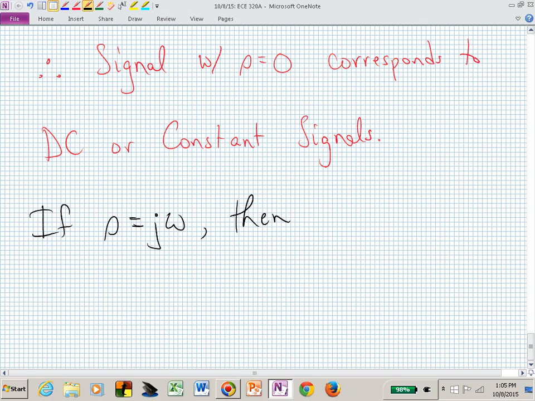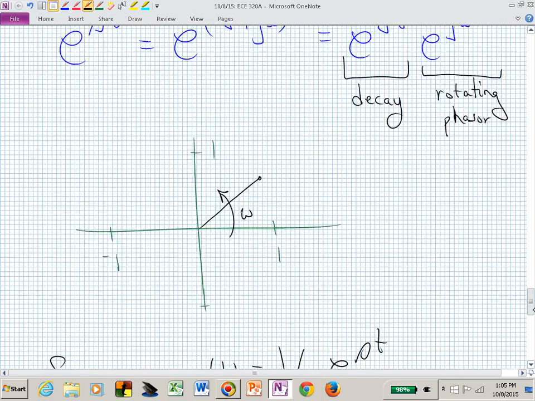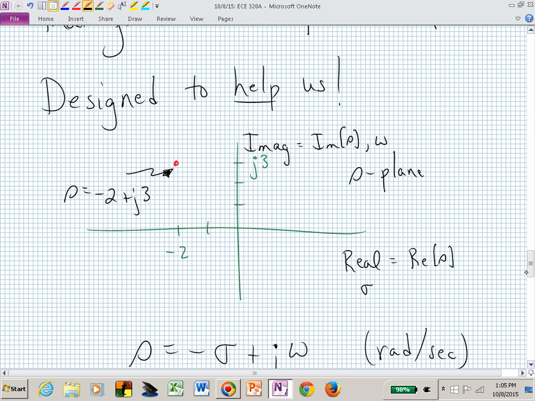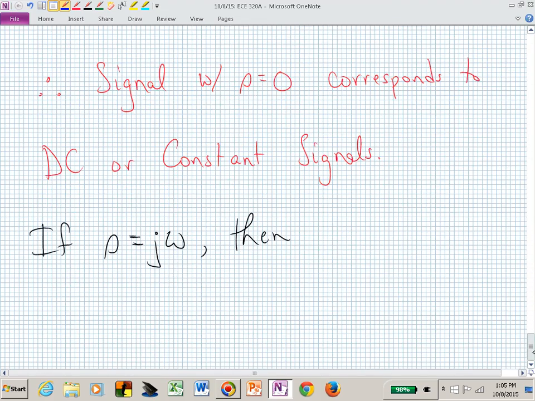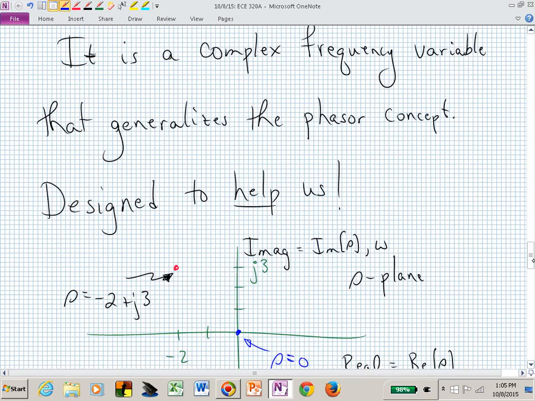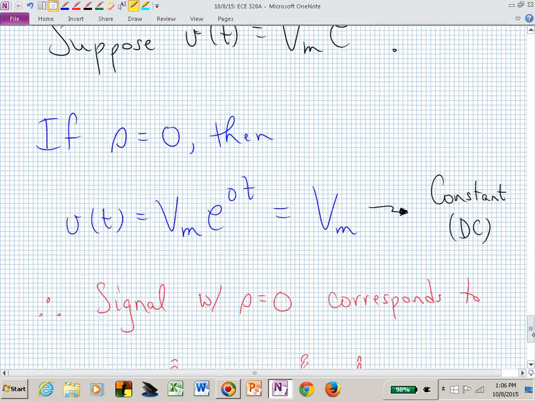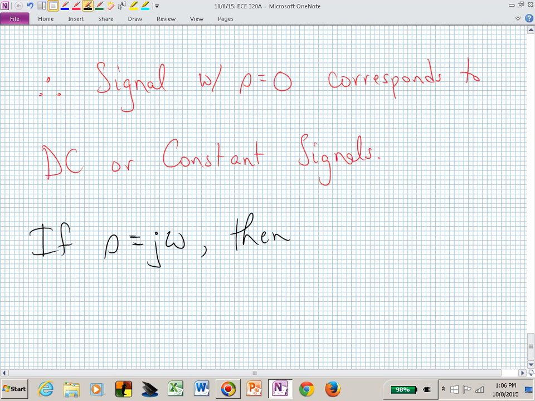Now we don't have a real part, and are you seeing where these might be in the complex S-plane? In that first example, we were right there. That was S equal to 0. Now what I'm saying is suppose that S is somewhere here on the imaginary axis. It's j omega. That's where we're living with our definition of S as I've defined it here.